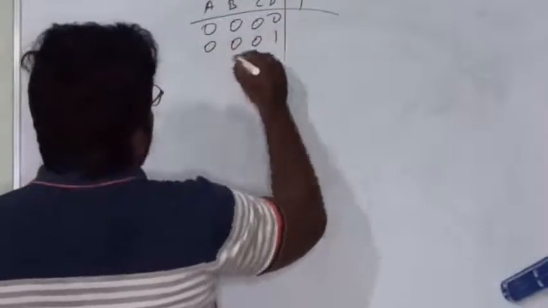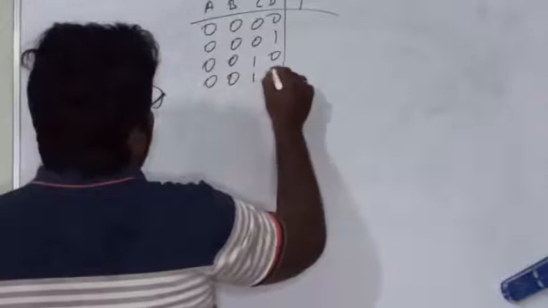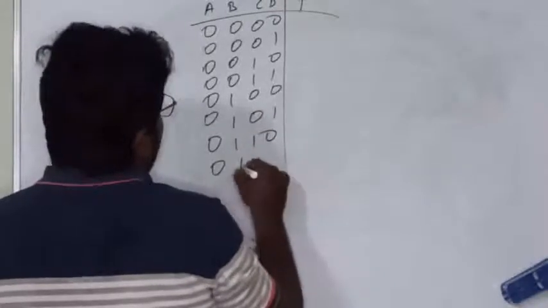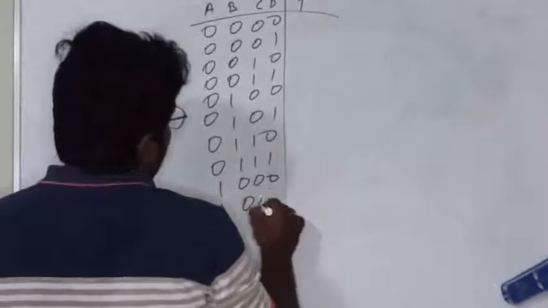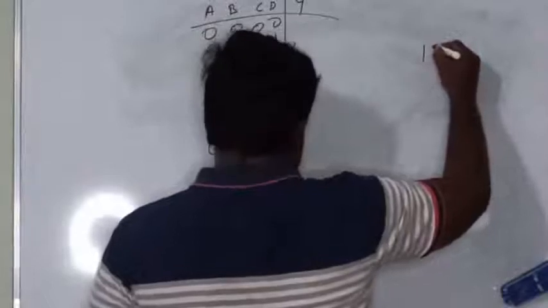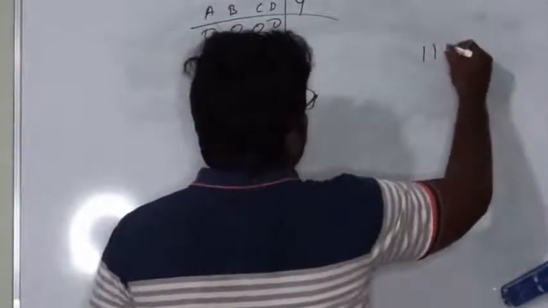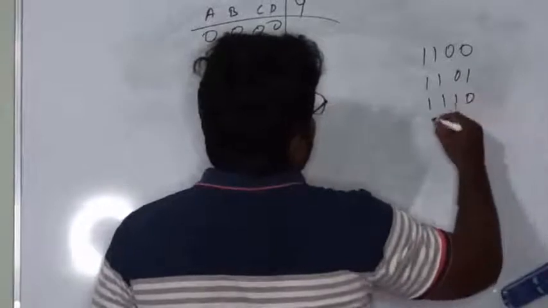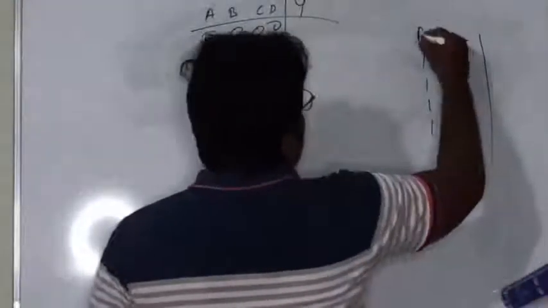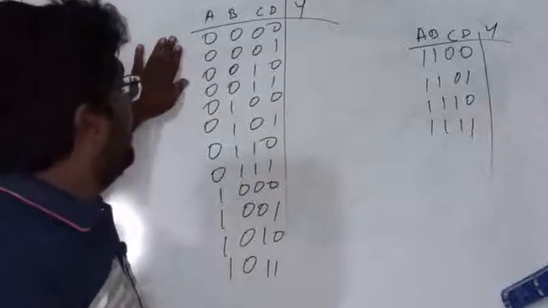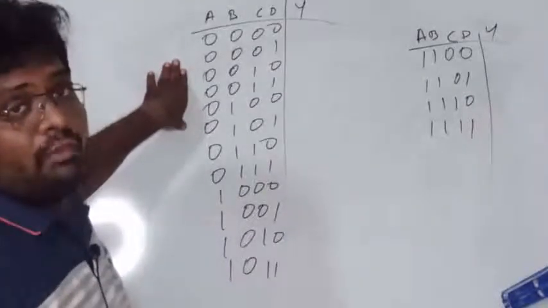These are the sixteen possibilities for the four variable K-map, right?